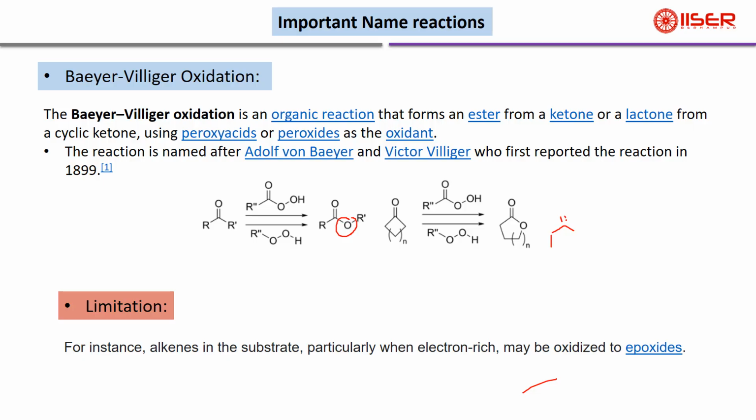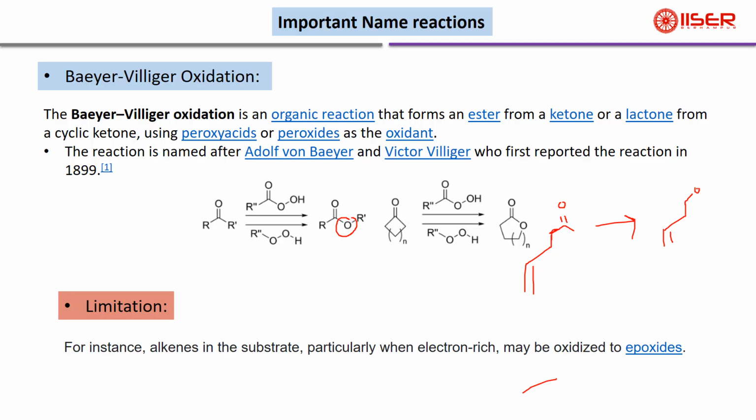Suppose you have this type of compound, a long chain with a double bond. So if you add this MCPBA, there is a probability of Baeyer-Villiger oxidation where oxygen will be incorporated here.